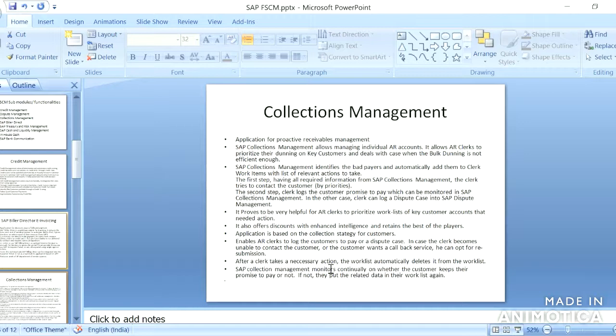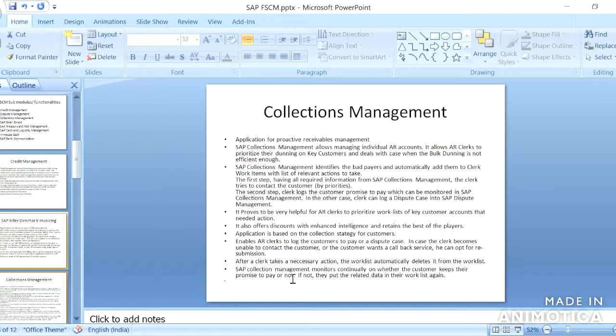After a clerk takes the necessary action, what will happen? If it says that this is completed, then that work list item is automatically deleted from the clerk's work list. SAP Collection Management continually monitors whether the customer keeps their promise to pay or not.